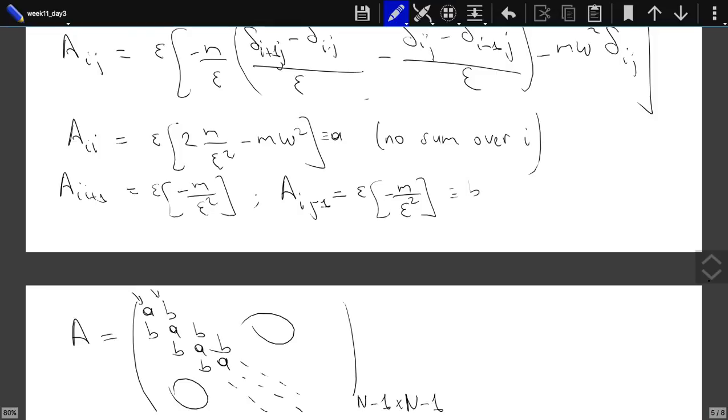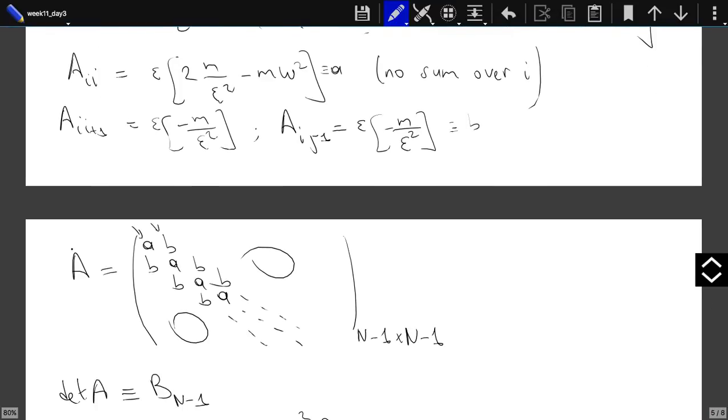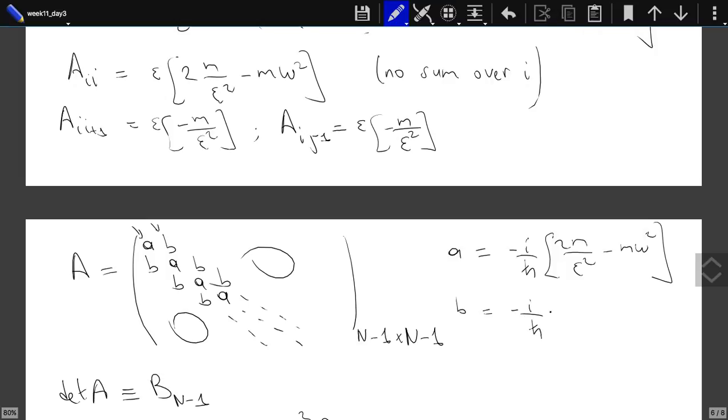So here, this is our matrix, where A will be minus i over h bar times 2m over epsilon squared minus m omega squared, and B is equal to minus i over h bar times minus m over epsilon squared. This is our A and B.